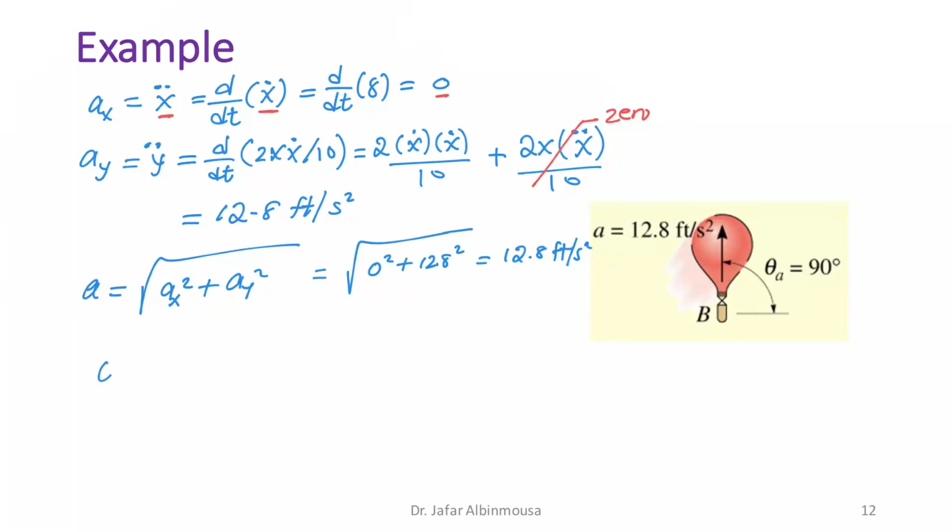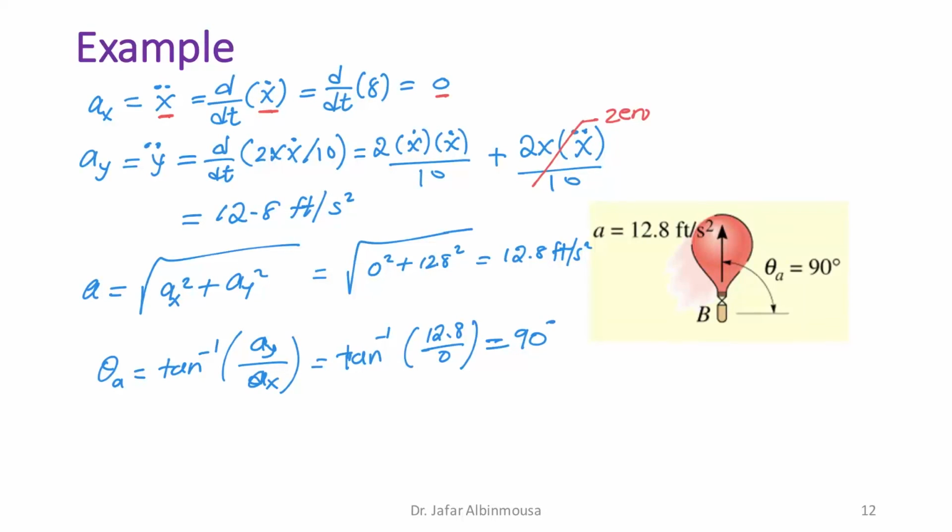Now to find the angle, the direction of the acceleration, you take the inverse tangent of ay divided by ax, and this is going to be the inverse tangent of 12.8 over 0, which means that this is 90 degrees.